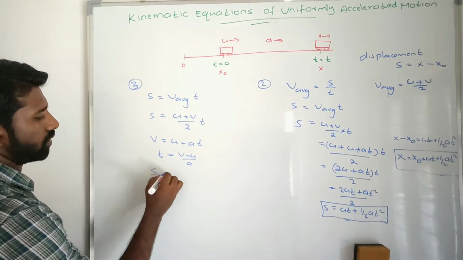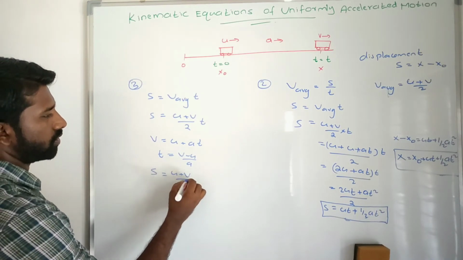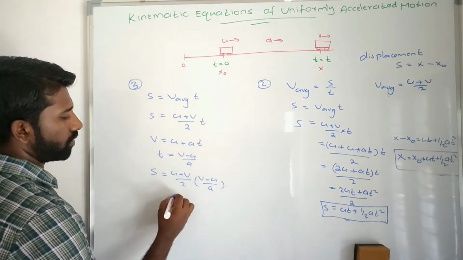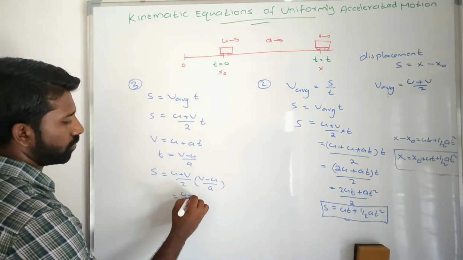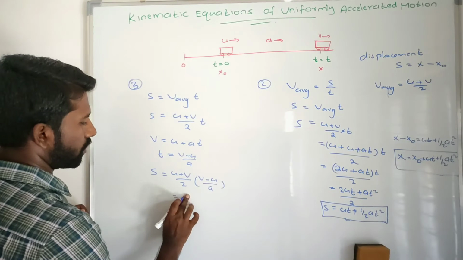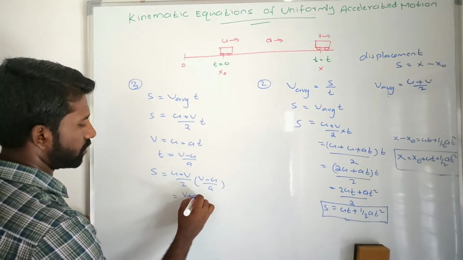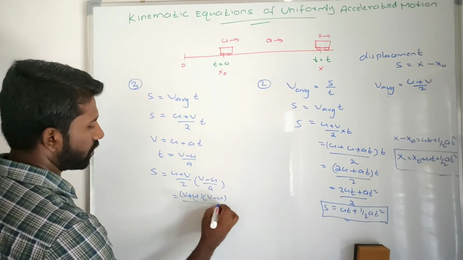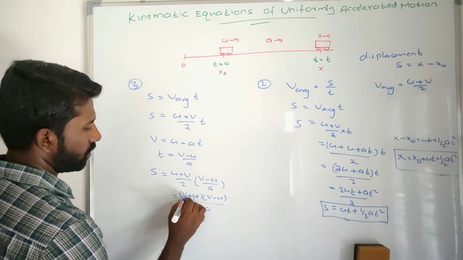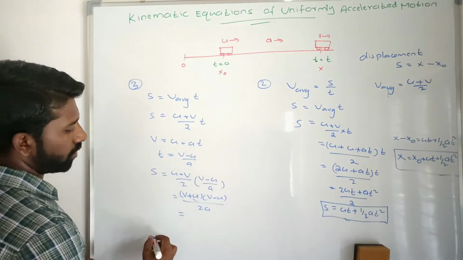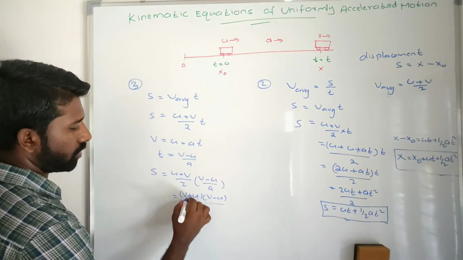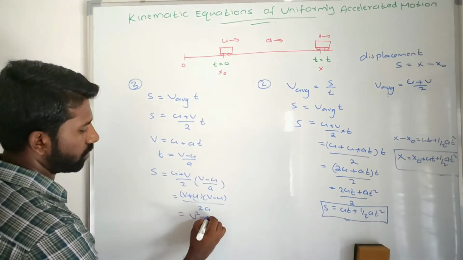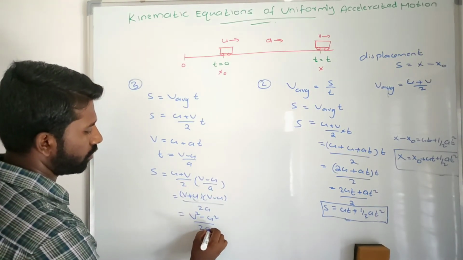So what will I get? x is equal to u plus v divided by 2, into v minus u divided by a. I write this as v plus u into v minus u, divided by 2a. This is in the form a plus b into a minus b, so it is a square minus b square, with v and u instead of a and b. So v square minus u square, divided by 2a.